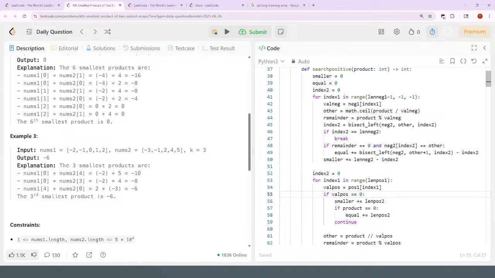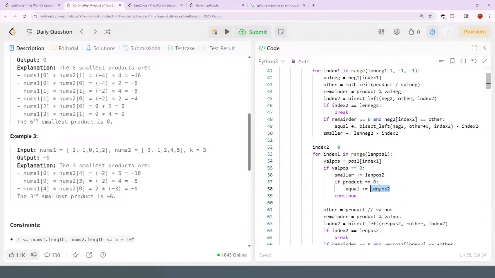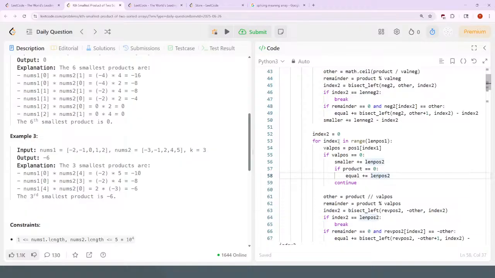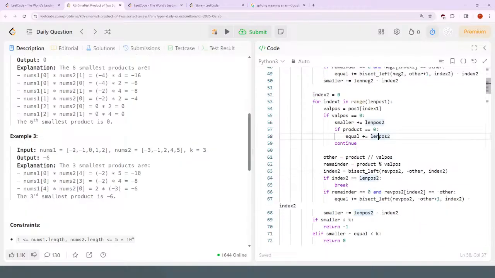And in the very extreme case where I'm actually searching for the product being exactly equal to 0, then the things that pair with this value, which is the length of the other subarray, the positive subarray, is going to be equal. And then I skip over that value, otherwise I don't want to divide by 0 here.